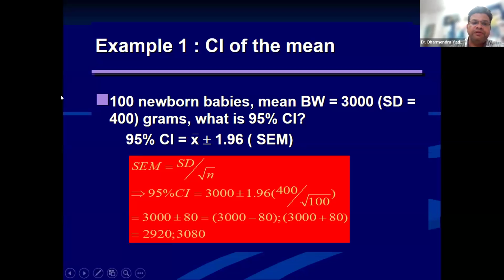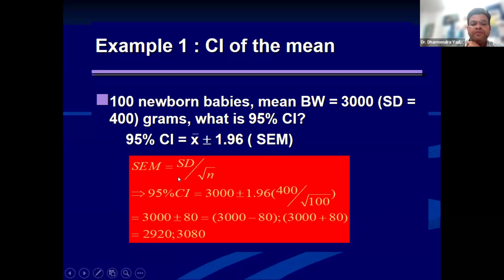So this is the example: 100 newborn babies, mean birth weight is 3000 and standard deviation is 400 grams. What will be the 95% confidence interval? X bar, that is the sample mean, is your statistic, plus minus 1.96 into the standard error of the mean.